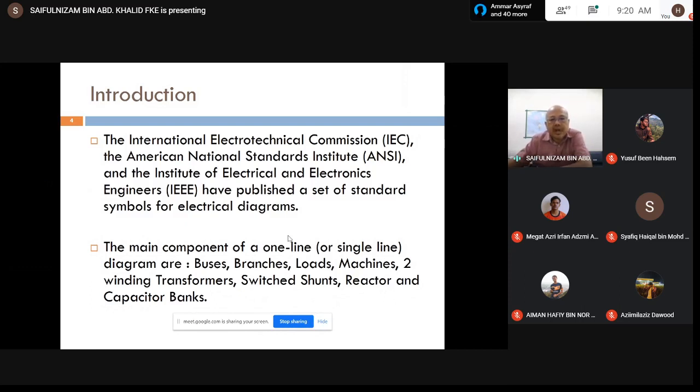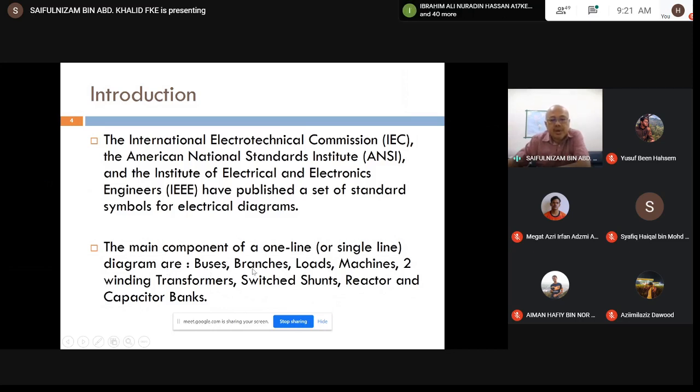The IEC, the ANSI, and the IEEE, all international standard bodies, have published a set of standard symbols for electrical diagrams, which will be used in the one line diagram.